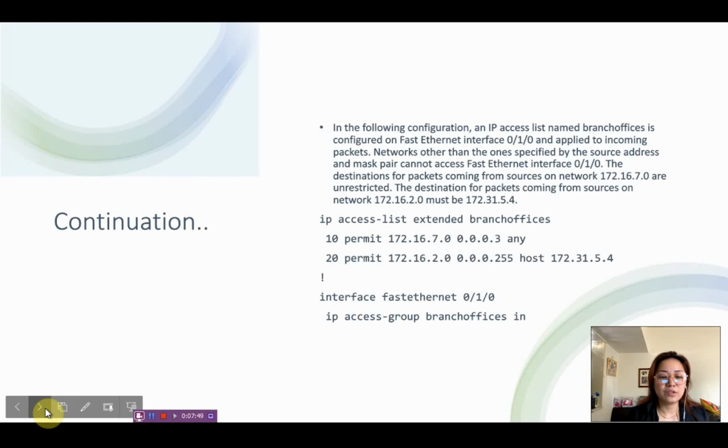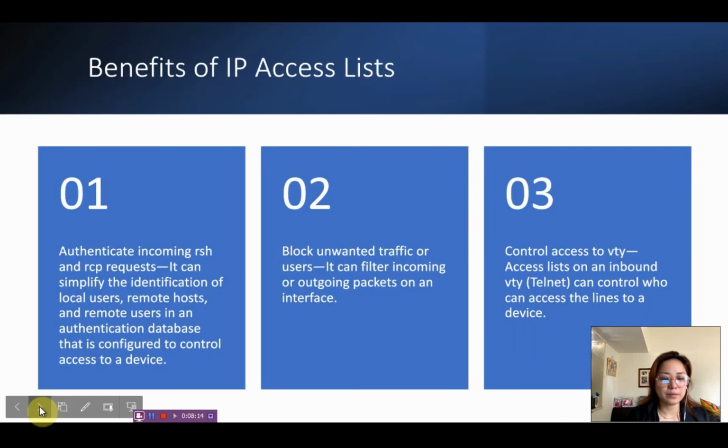The destinations for packets coming from sources on network 172.16.7.0 are unrestricted. The destination for packets coming from sources on network 172.16.2.0 must be 172.31.5.4. As you can see, here is the example.